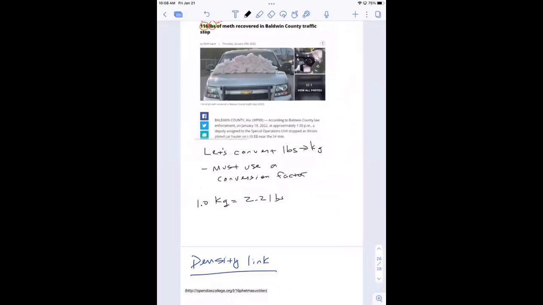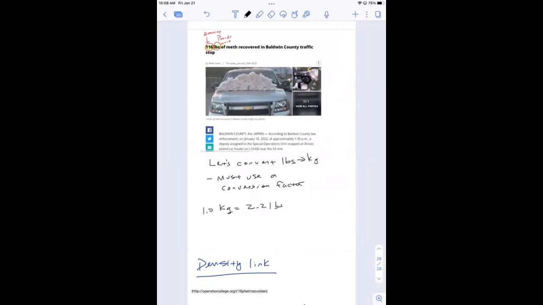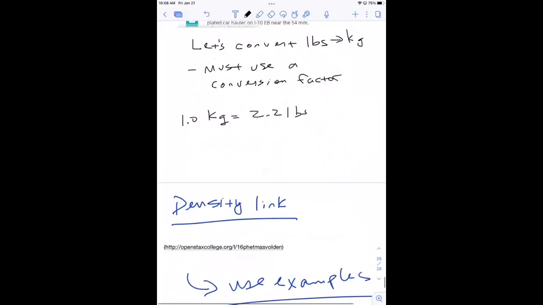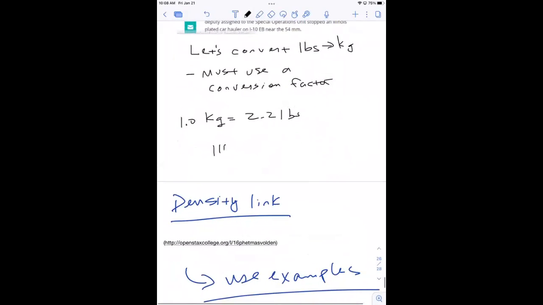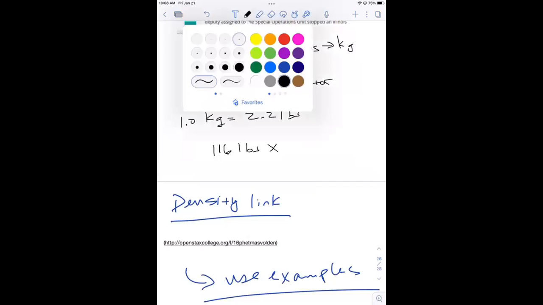If I wanted to take those pounds and convert them into kilograms, I'll start out by taking the pounds, 116 pounds times the conversion factor. What do I want in the top? The number I want to keep or the number I want to get rid of?